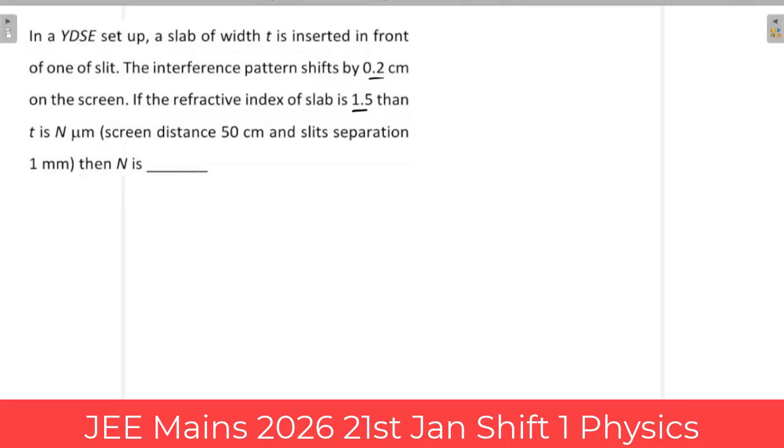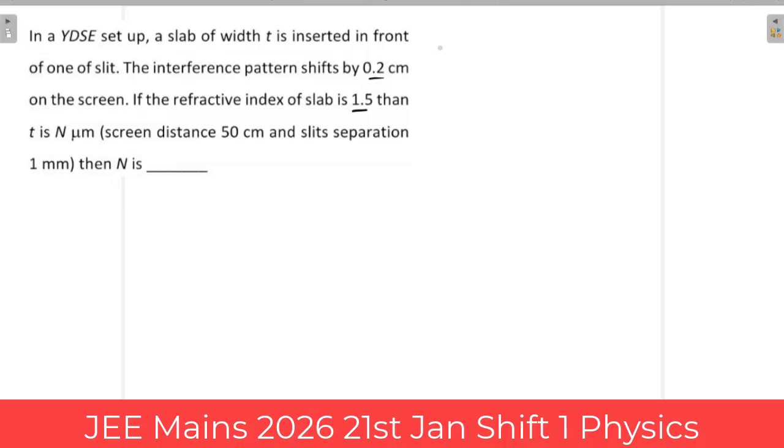Here the screen distance from the slits is 50 centimeter and the slits are separated by 1 millimeter. Then N is? So we have to find the thickness of the slab. Now we know the formula for the shift.